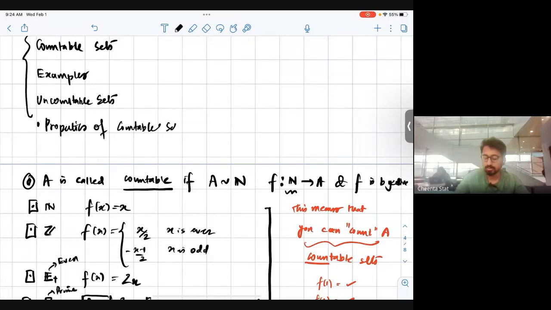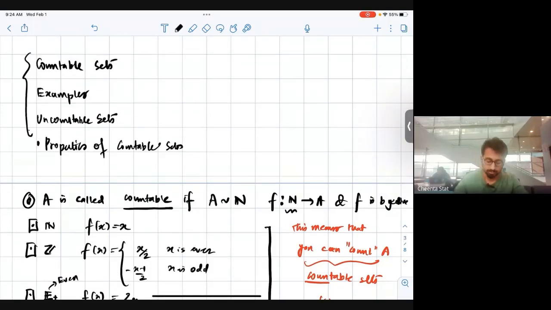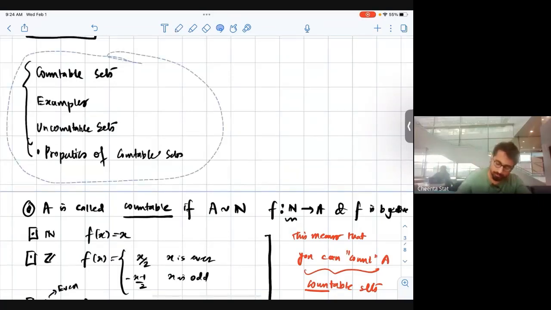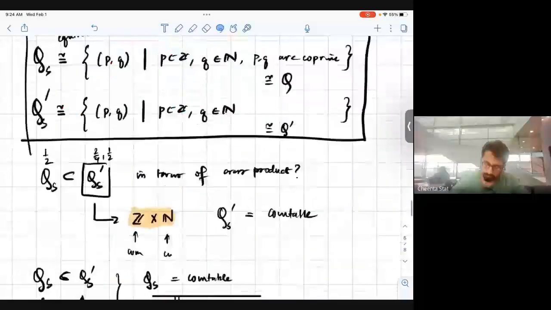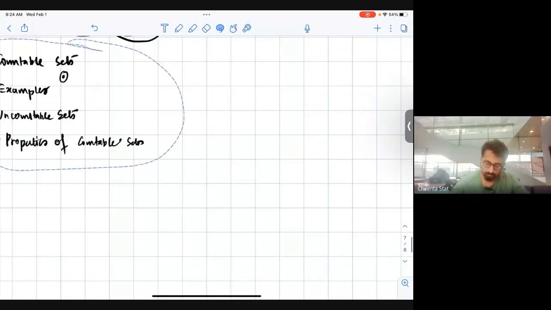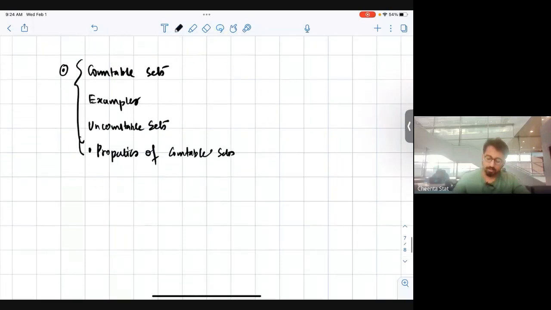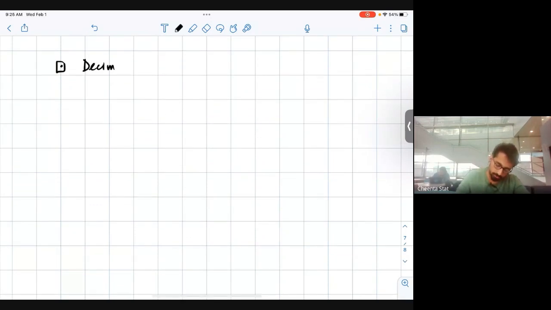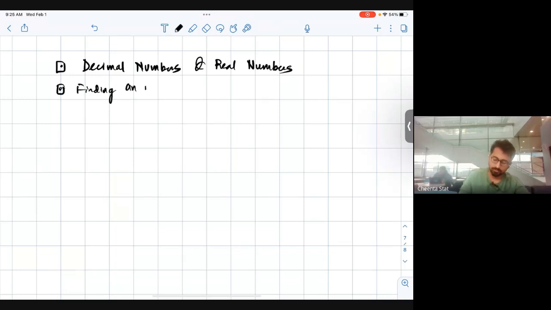With the properties of countable sets, we will understand what is a countable set and from there what is not a countable set. What's our next plan? Our next plan is to do decimal numbers and real numbers, and finding an uncountable set.